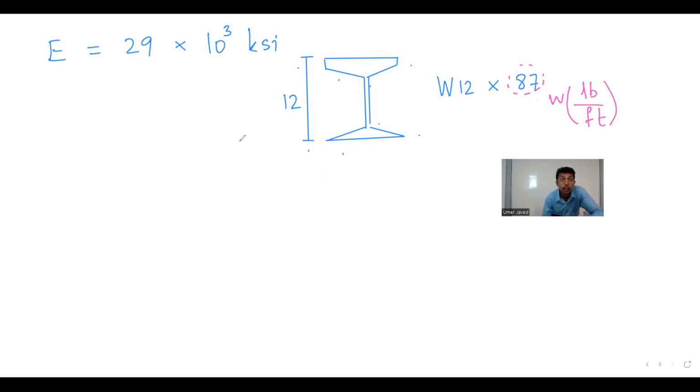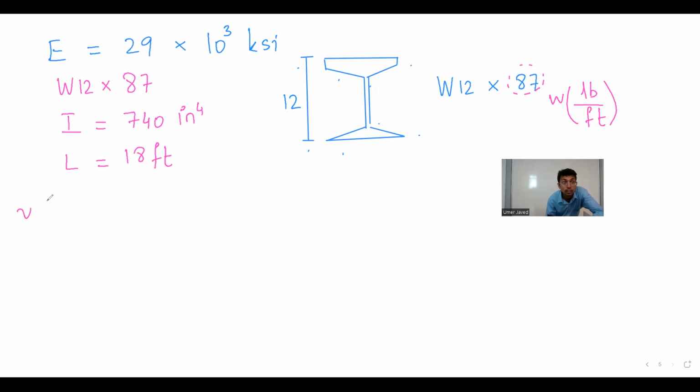Okay. So W12 by 87, and the moment of inertia of this section about the neutral axis is 740 inch power 4. The length of the beam is 18 feet.